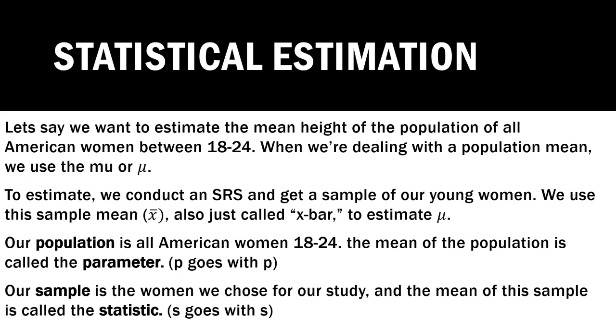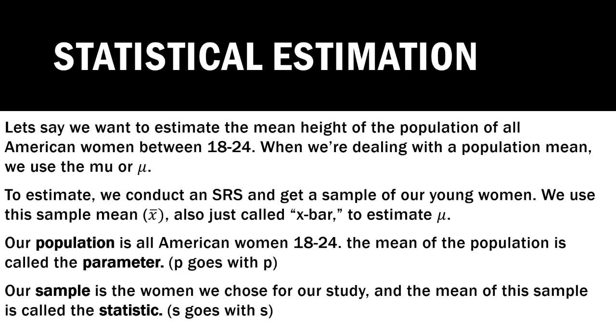When we're dealing with a population mean, we use the mu. To estimate, we're going to conduct a simple random sample and get a sample of our young women. Let's say 100. So we're going to use this sample mean, which we call x bar, to estimate mu. So our population, that's all the people that our study is relevant for.